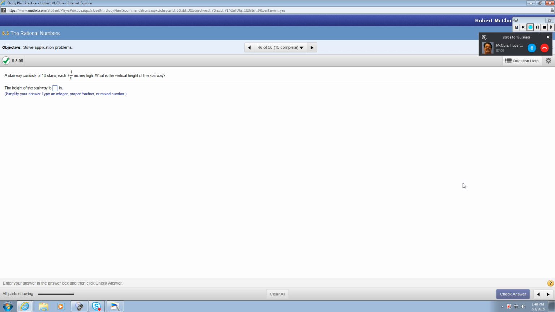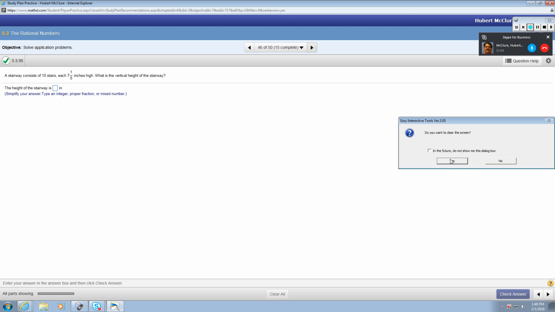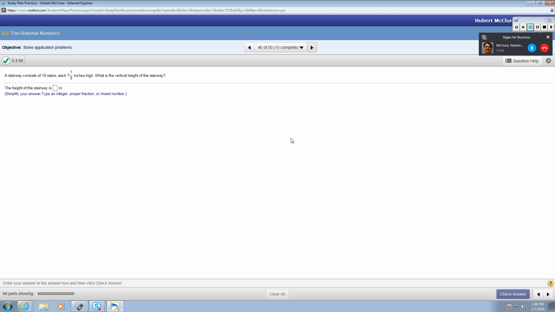All right, look at that one. This one says a stairway consists of 10 stairs. Each stair or each step is 7 and blah, blah, blah high. What is the vertical height? Okay, stop.